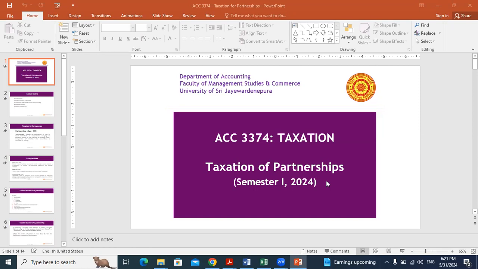All these are familiar to you all, since you have done the accounting part in detail. For your advanced examination, here our intention is to identify how the tax computation is performed for a partnership.